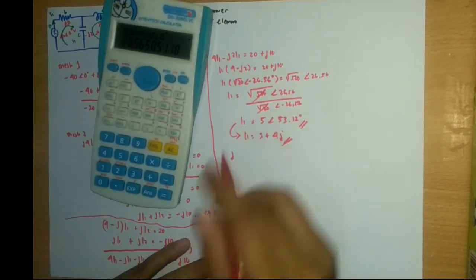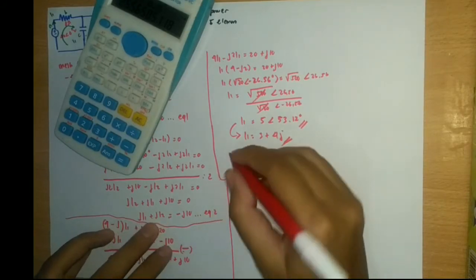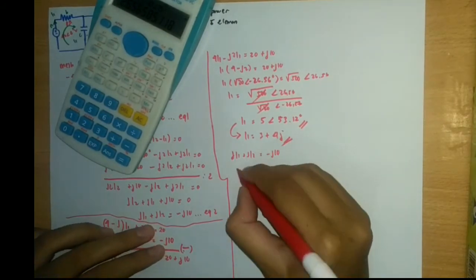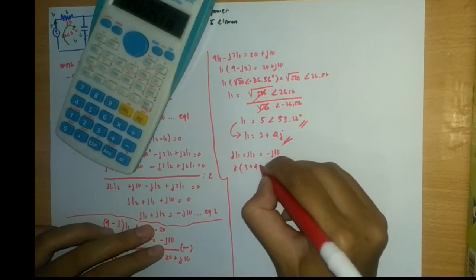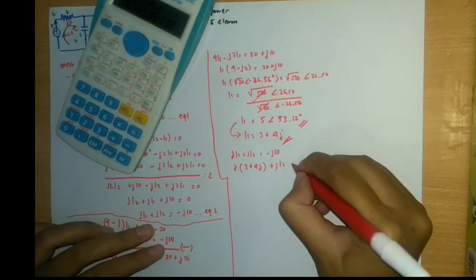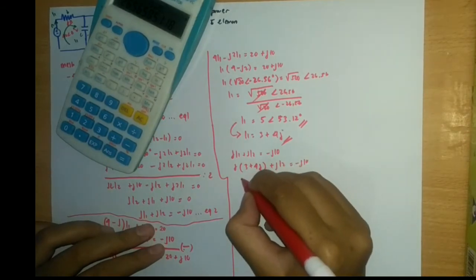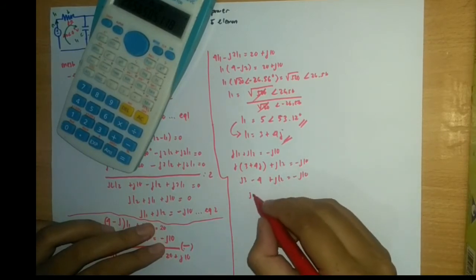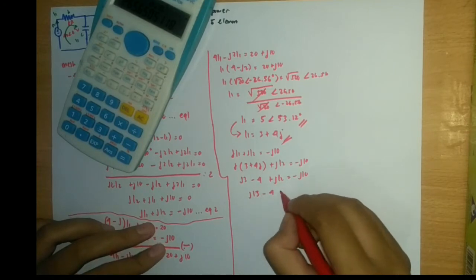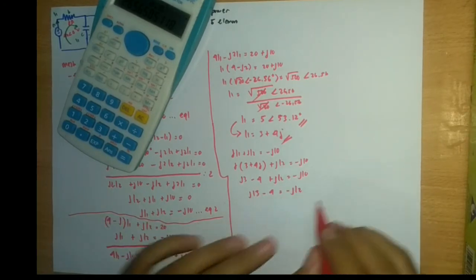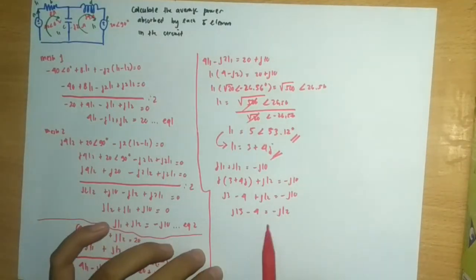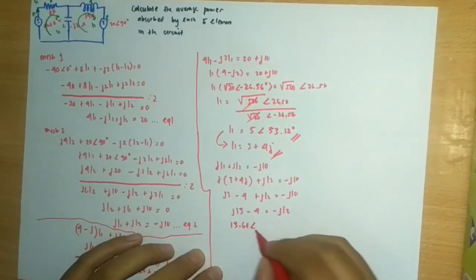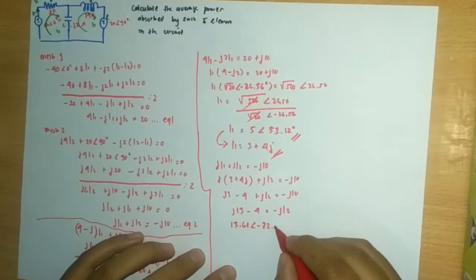We use equation 2 to find the I2: jI1 plus jI2 is equal to minus j10. jI1 is j multiplied with (3 plus j4), plus jI2 minus j10, and we got j3 minus 4 plus jI2 minus j10, and we got this j13 minus 4, and then we change it into polar form, and we got 13.60 at minus 72.89 degree phase angle.